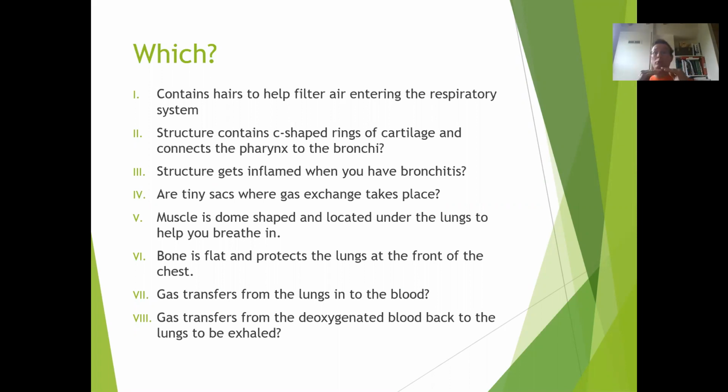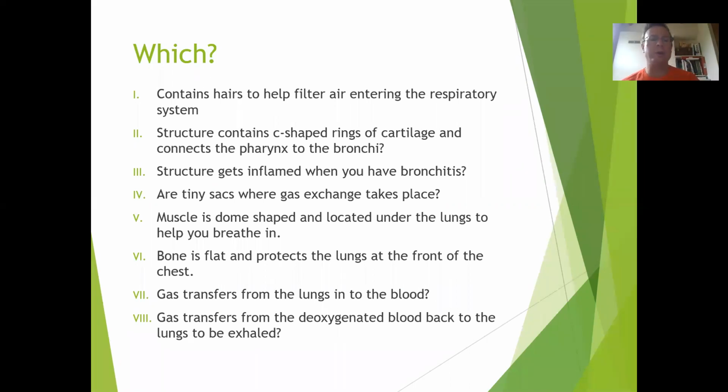So the muscle that's dome-shaped underneath is called the diaphragm, and we'll look at the location of that in a little while. We'll do a bit more on the mechanics of breathing tomorrow, but we'll just look at where that muscle sits. The bone that's flat and protects the lungs at the front of the chest is just our sternum, which is great.